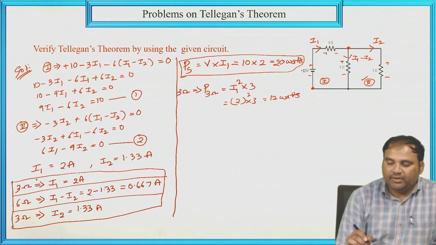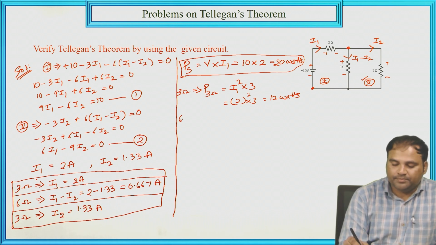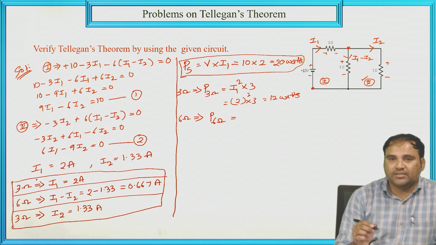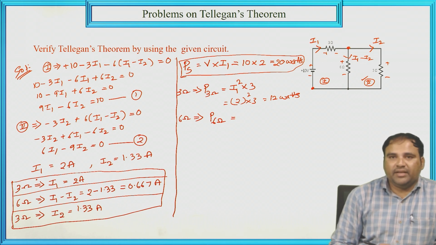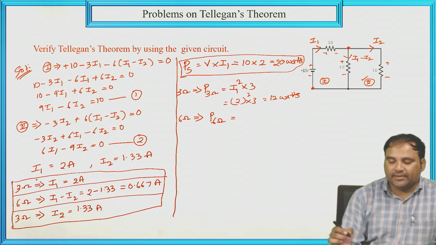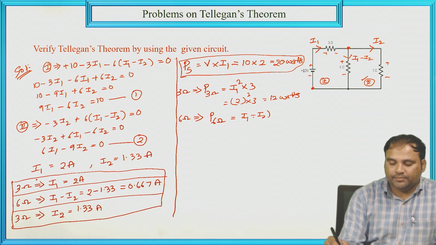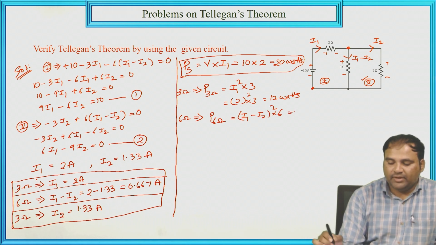Now power through the 6 ohm. So P6 ohm is equal to, here also I am using the I square R equation, that is (I1 minus I2) whole square into R. R is 6 here. So (I1 minus I2) whole square into 6. What is I1 minus I2?